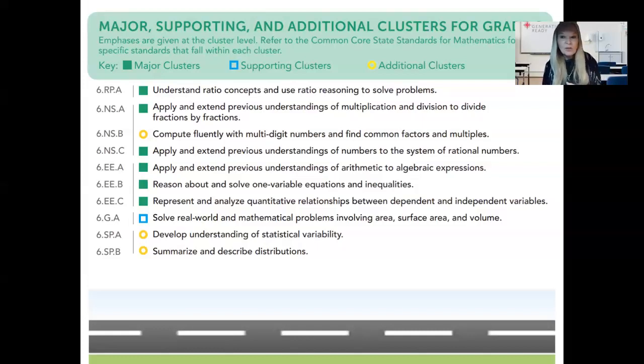So we also introduce the term rational numbers. They may have heard it in some text or some curriculums in 5th grade, but we're really going to be the first ones that have this as a priority standard. So a lot of first things happen in sixth grade. You go, wait a minute, I think I'll go back to another. No, you can do this. This is great.